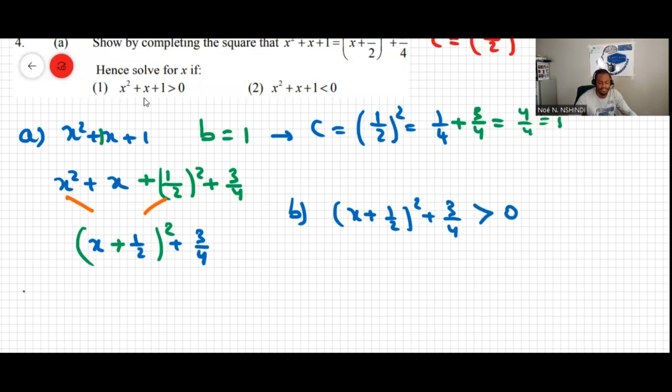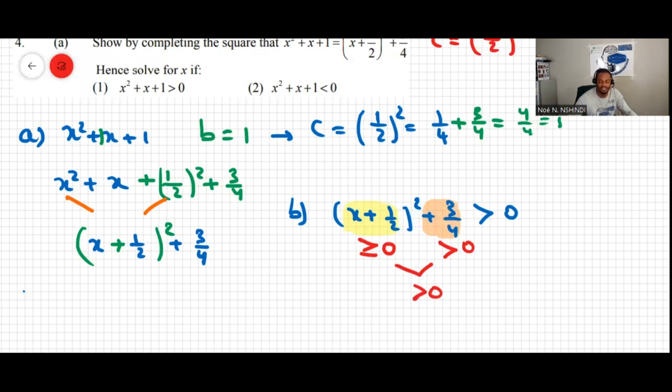And this is true because we have this form here, which is raised to the power of 2, and positive 3 quarters here. So this is always greater than or equal to 0, because any number raised to the power of 2 is greater than or equal to 0. And this is obviously more than 0. Both of them combined make it greater than 0.